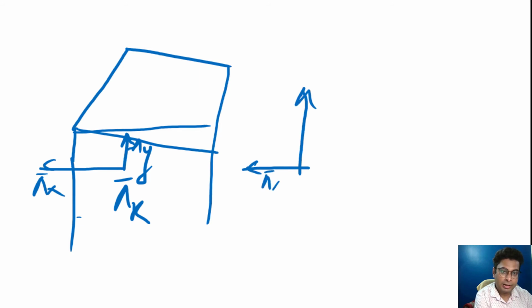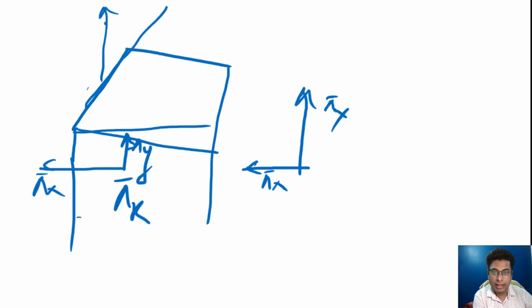Now in ORS system, this pi y is rotated at an angle which coincides with the cutting edge. This is your new direction. Suppose this is theta. So this pi y is rotated by theta and we get pi o.